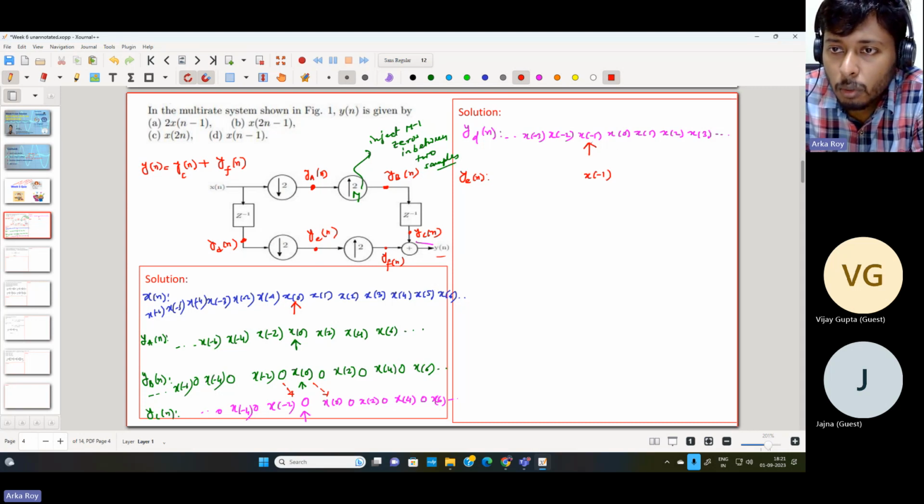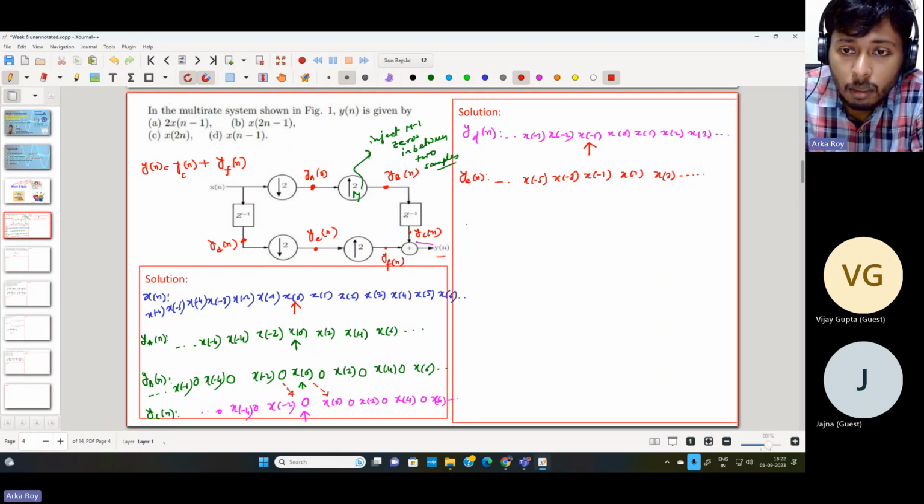So this is the zeroth location, first and second. So the next component will be X of 1, then 3, 4. So the fourth component is X of 3 and so on. And on the negative side also, I can write it as X of -3, -4, -5, X of -5, and so on.